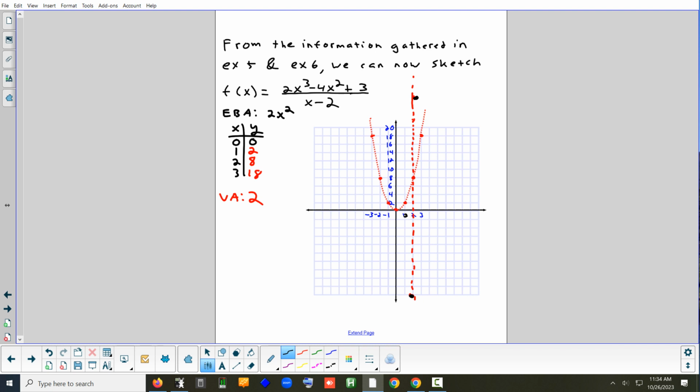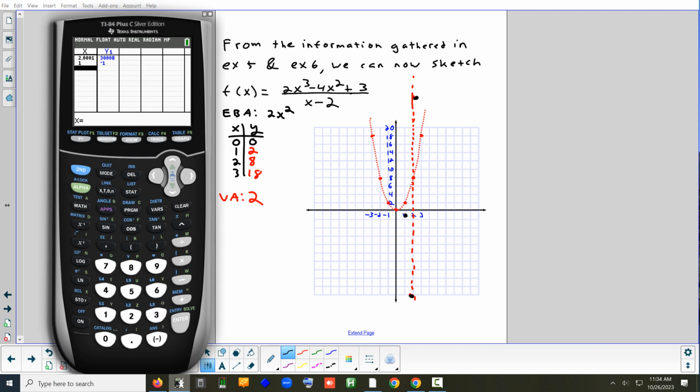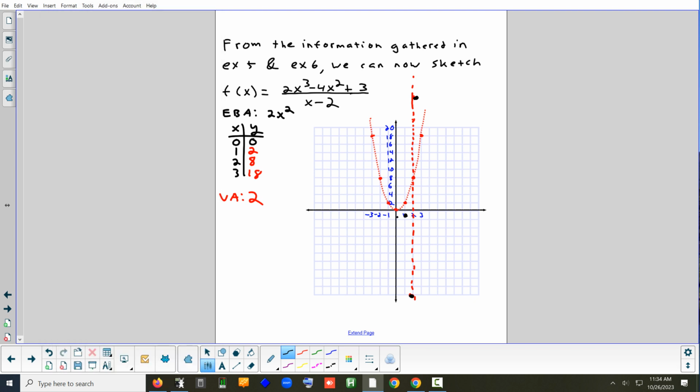So 1, -1. You could check 0. So 0, -1.5. So 0, a bit lower. And now, as I start heading further and further to the left, these points have to start curving very close.